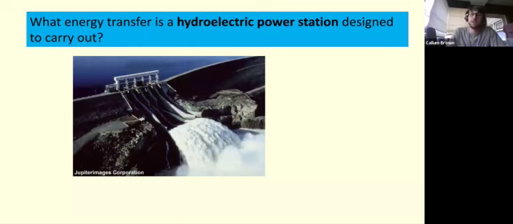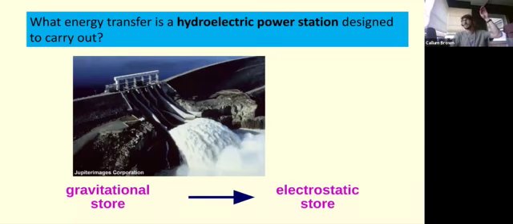In this example, a hydroelectric power station. These are really great, because hydroelectric power stations are quite a mechanical thing. The water being high up in a dam is going to have a higher gravitational potential energy store than it would at the bottom. You could even argue a step in between: the gravitational energy store is falling through the dam, and in that case it's moving, so kinetic energy would be the product of this gravitational store.